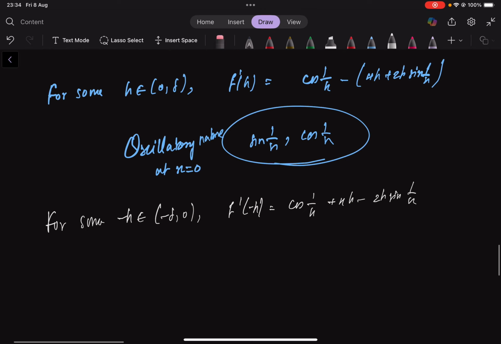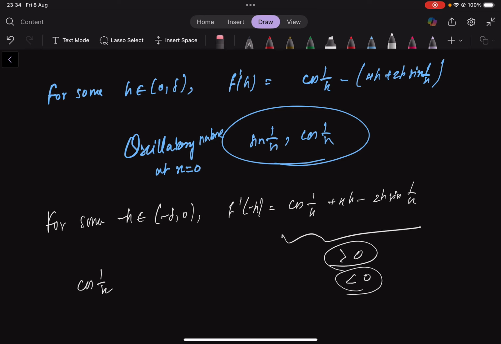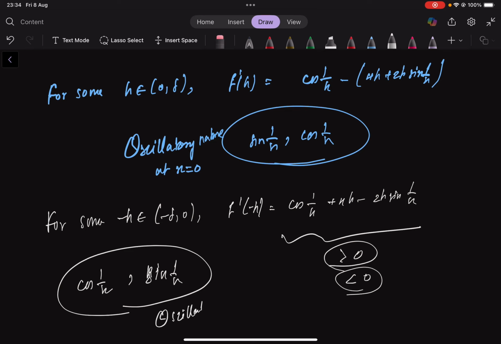Now again, clearly we can't say whether this value is greater than 0 or less than 0, because we're unsure about the values of cos 1 by h and sine 1 by h in the interval minus delta to 0, because they are of oscillatory nature.